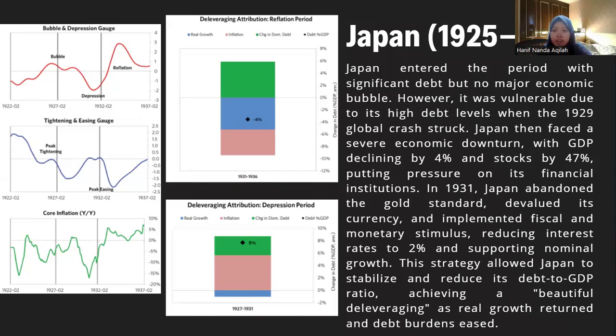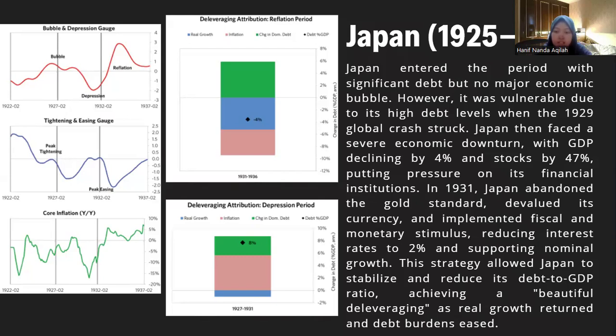The third one is Japan from 1925 to 1936. Japan entered the period with significant debt but no major economic bubble. However, it was vulnerable due to its high debt levels when the 1929 global crash struck, and Japan faced a severe economic downturn, with GDP declining by 4% and stocks by 47%, putting pressure on its financial institutions.